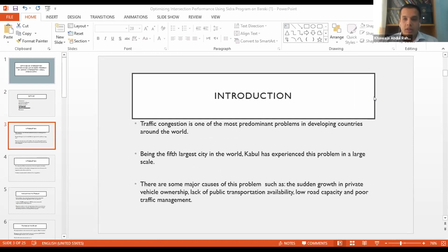Traffic congestion is one of the most prominent problems in developing countries around the world. There are some major causes of this problem. The sudden growth in private vehicle ownership can be considered one of the leading contributors to the congestion problem.